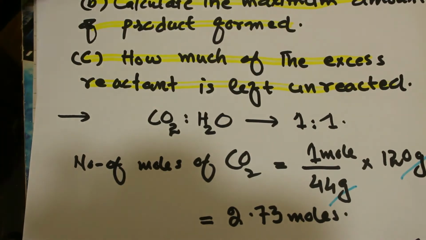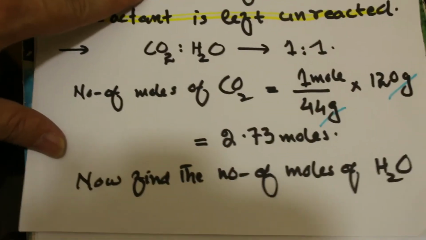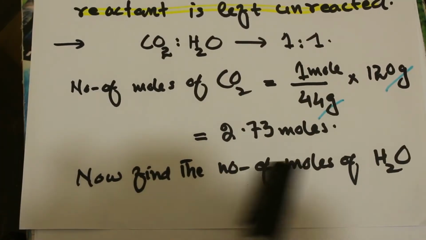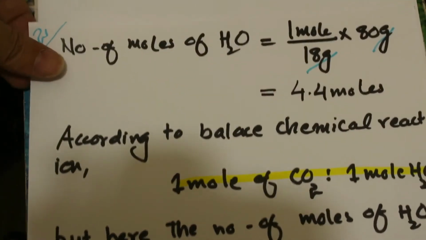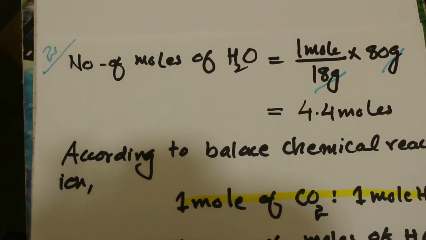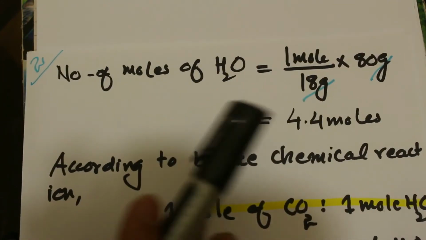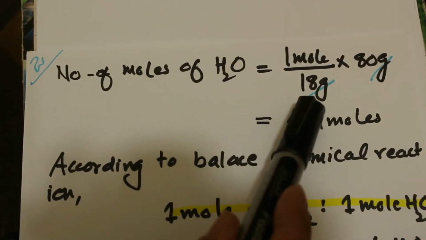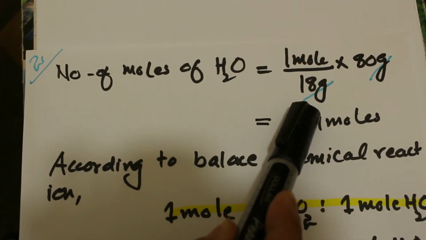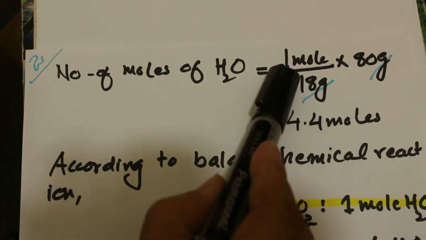Now let's find the number of moles of the H2O. Let me show you the second page. Okay, so now this is the calculation to find the number of moles for H2O, and here you can see that 18 gram of water is equal to 1 mole of water.